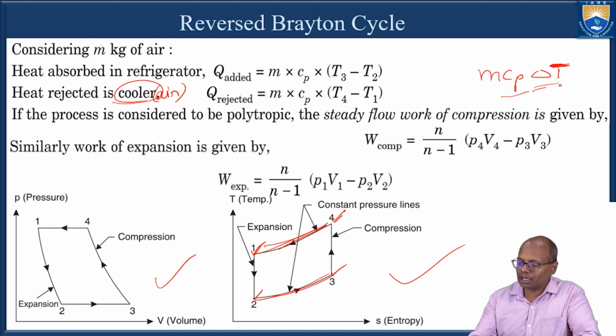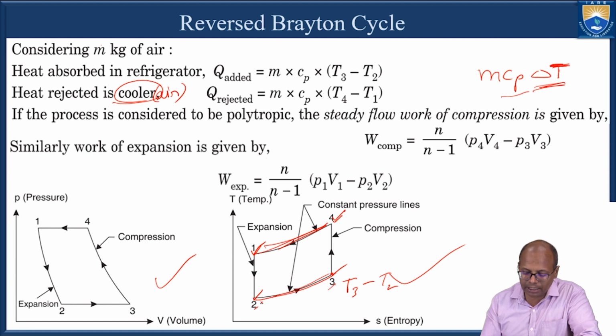Now delta T in the case of the heat absorption process is T3 minus T2. Since T3 is greater than T2, delta T is T3 minus T2.